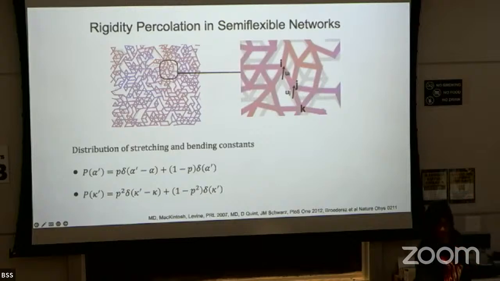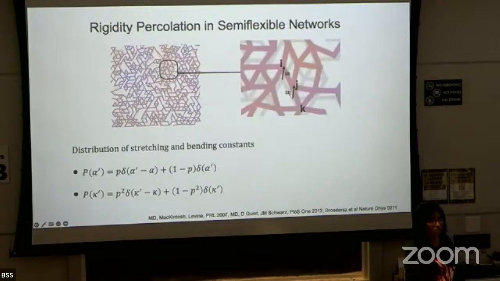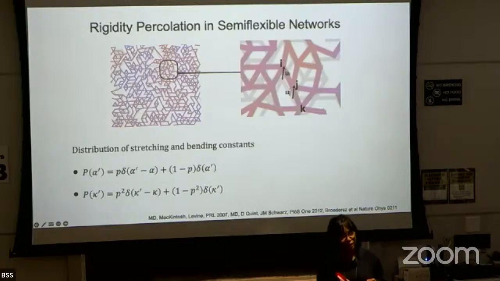Right? And then I wanted to show you what the dynamical matrix, yes. So basically, this is an assumption of the model, right? So don't think of a real biological system, just in a network, right?